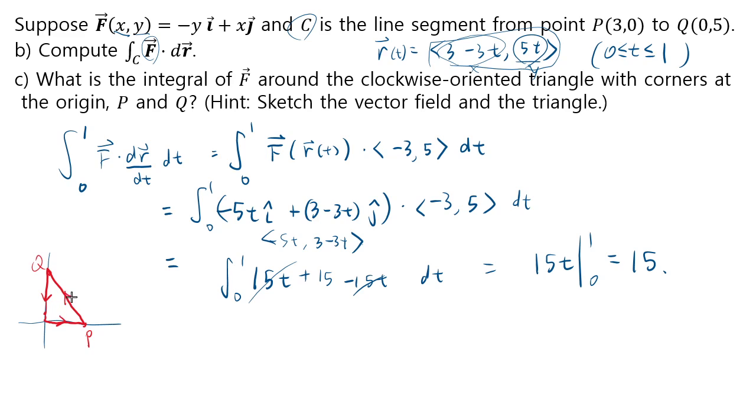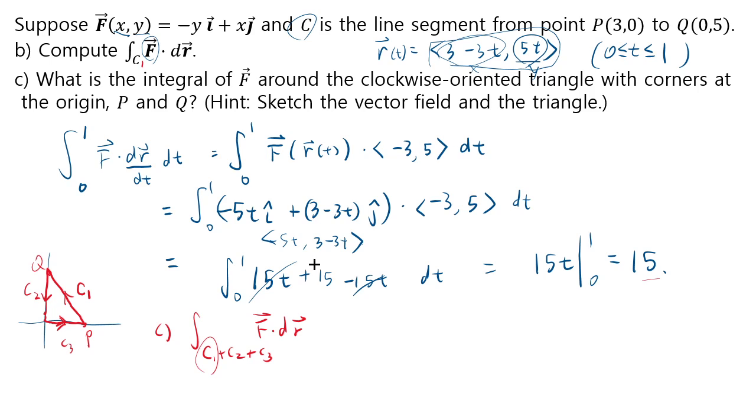This new triangle is really a sum of 3 paths. We can call this C1, which is what we had before, and then we have C2 and C3. So part C is asking you to calculate the integral over C1 plus C2 plus C3 of f dot dr, and one of which we do know. It's this, right?